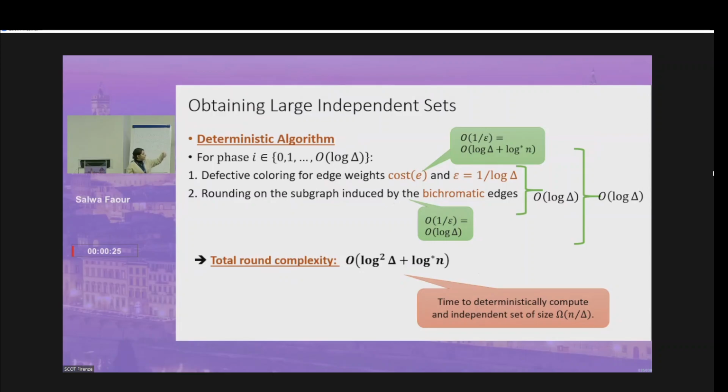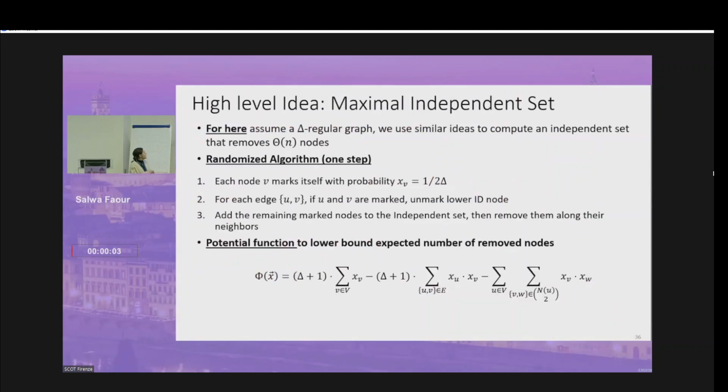And step 2, we have these colors, remember with the defective coloring, so we're doing order log delta colors, so it's also order of log delta. So steps 1 and 2 take log delta, and the whole thing will work in log squared delta plus log star rounds. And now we can deterministically compute this independent set in that many rounds.